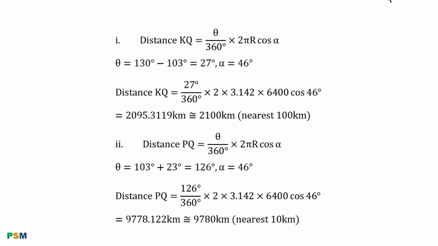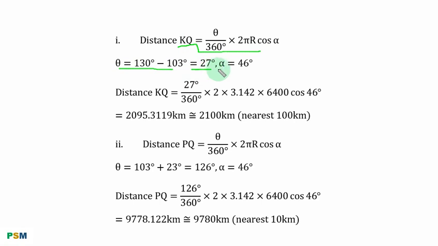Roman figure 1, distance KQ is given by this formula. The 2 points K and Q are on the same side of the prime meridian, so their angular difference is through subtraction, and you have 27 degrees.